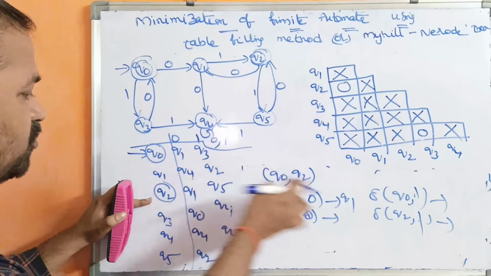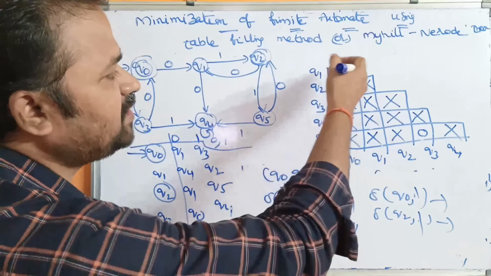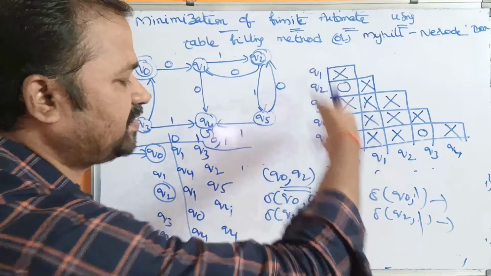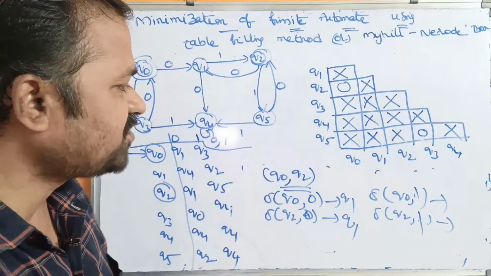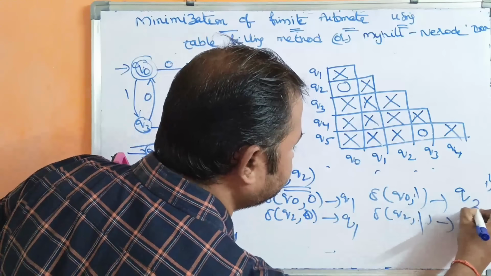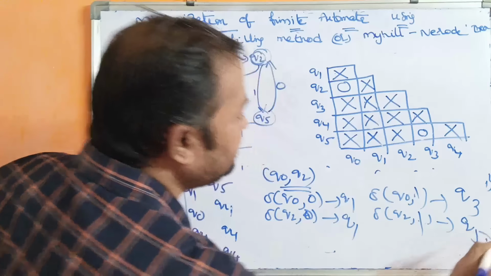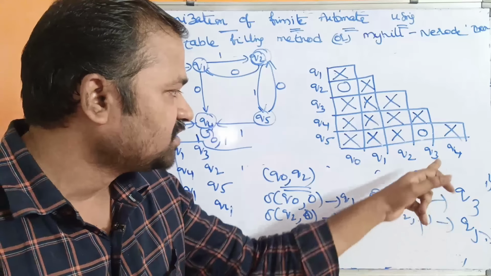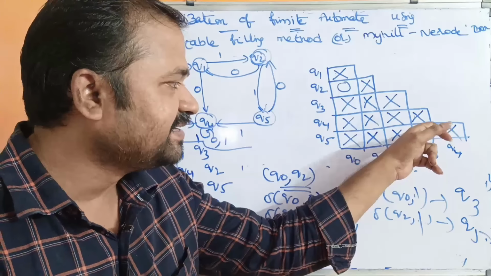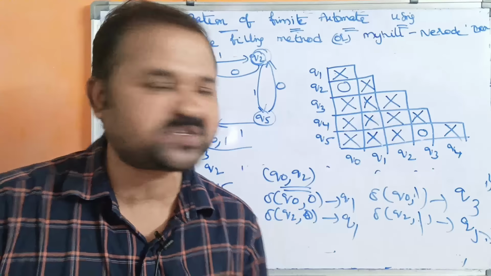So Q0 on 0 means Q1, Q2 on 0 means Q1. We don't have any pair like Q1, Q1, so marking that pair is not possible. Let us apply 1. Q0 on 1 means Q3. Next Q2 on 1 means Q5. Now let's check whether Q3, Q5 is marked or not. This pair is not marked. So marking Q0 and Q2 is not possible.